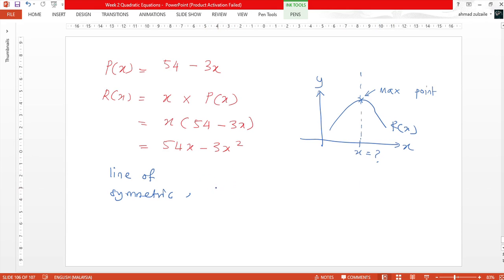So x equals negative b over 2a, where b equals 54 and a equals negative 3. If you press your calculator, 54 divided by 6 is 9. As a conclusion, you need 9 units of your item in order to achieve the maximum revenue.